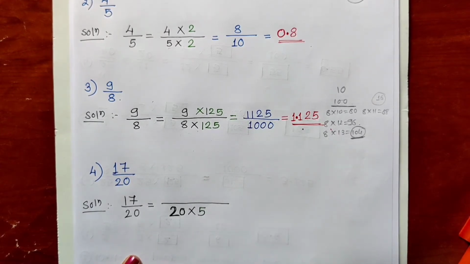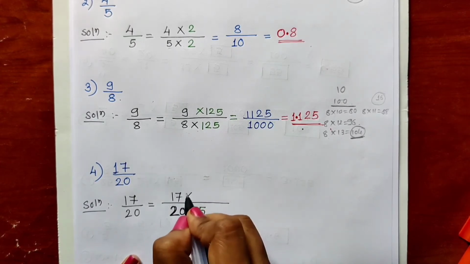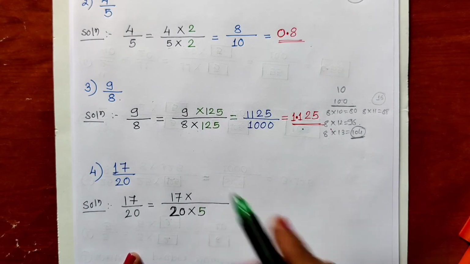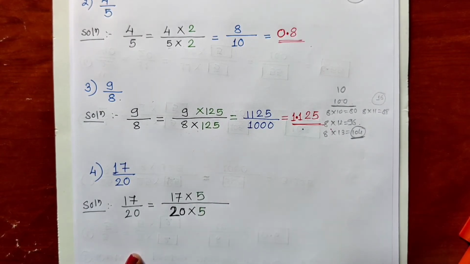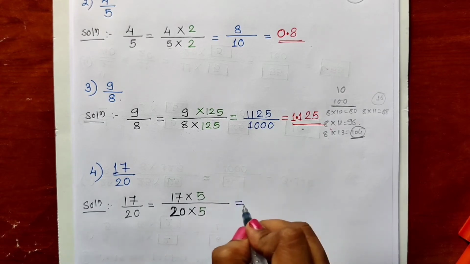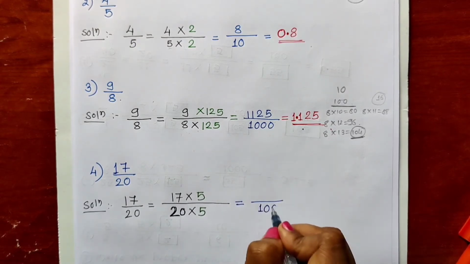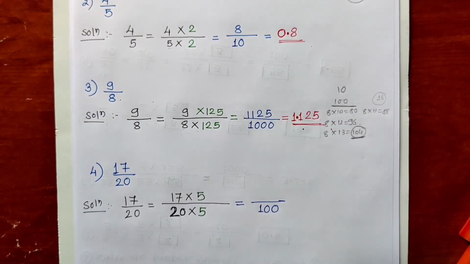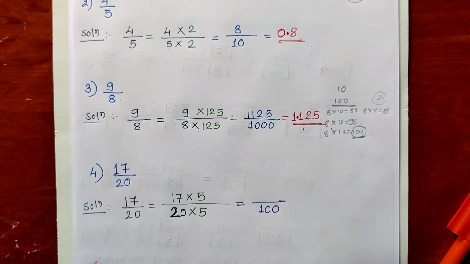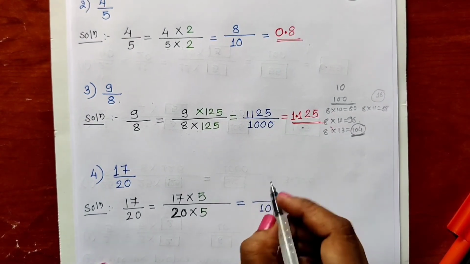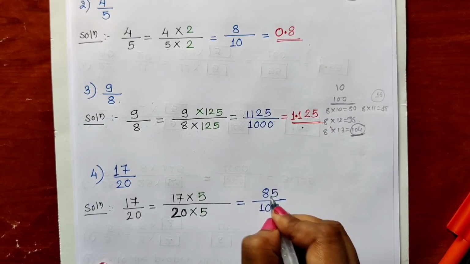5 20s are 100, we all know. So as we have to multiply 20 by 5, we will have to multiply 17 also by 5. Numerator and denominator should be multiplied by the same number. So in the denominator we are getting 100. What is 17 5s? If you know the table, you will get the immediate answer. 17 5s are 85.